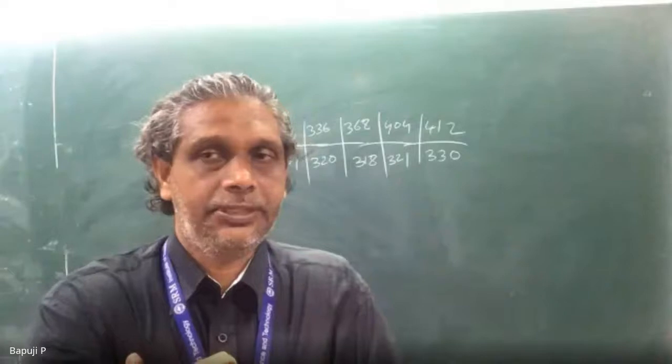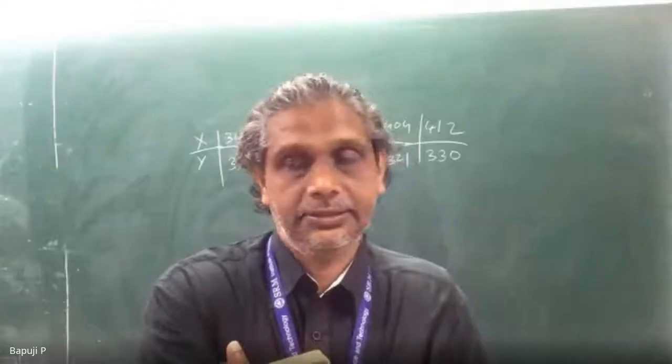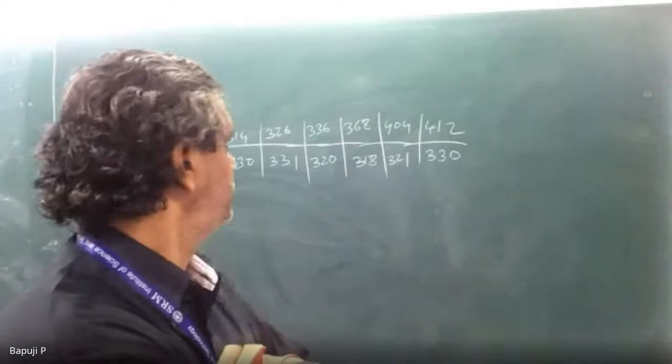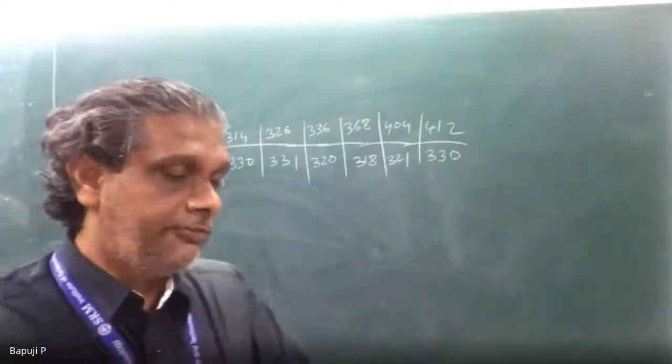So we add all the x values and divide by the number of terms. How many terms are there? I already mentioned it in the question itself: 6 weeks, consecutive. So divide by 6. Number of objects is 6 only: 1, 2, 3, 4, 5, 6. Find x bar. Then how will we find the standard deviation?